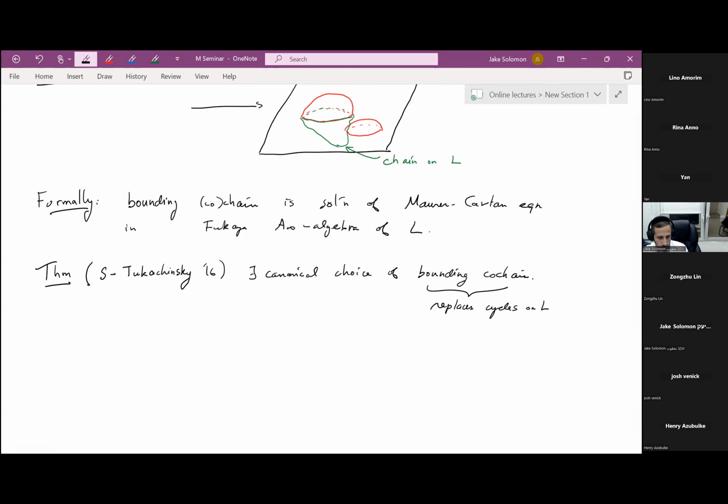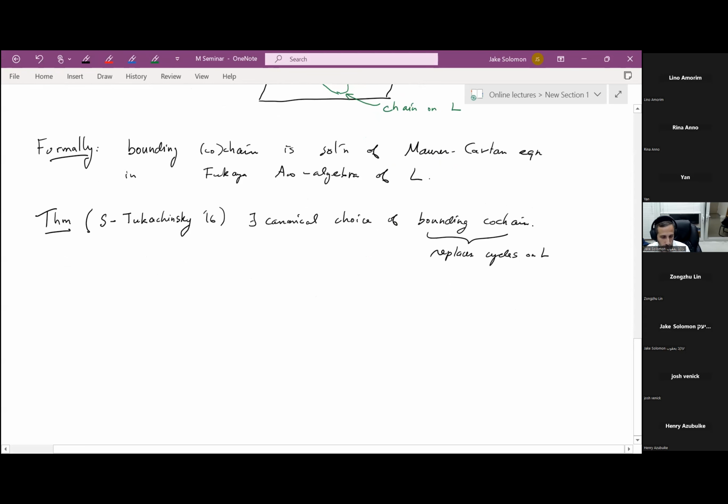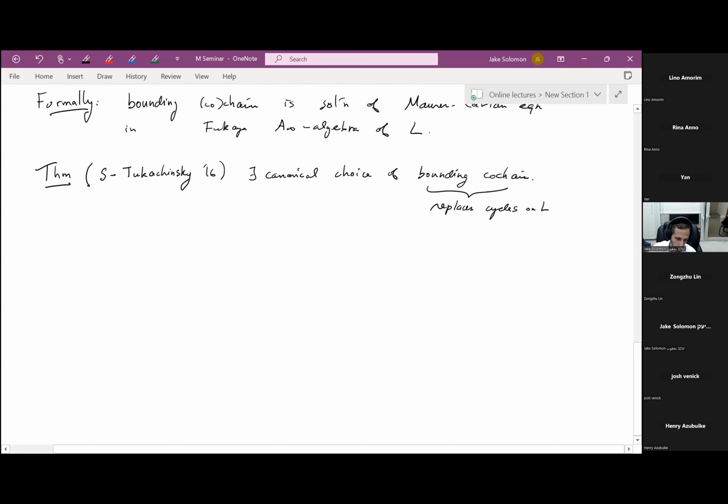But to correct this bubbling phenomenon, it's no longer appropriate to look at a cycle; you should look at a chain which satisfies a non-linear version of being closed, which is the Maurer-Cartan equation. And these cycles are really not cycles. Maybe in the end you're forced to consider only points, but you're allowed to have as many points as you want.